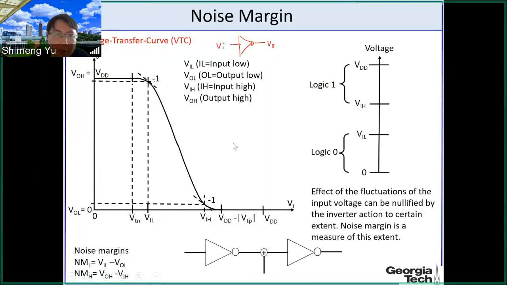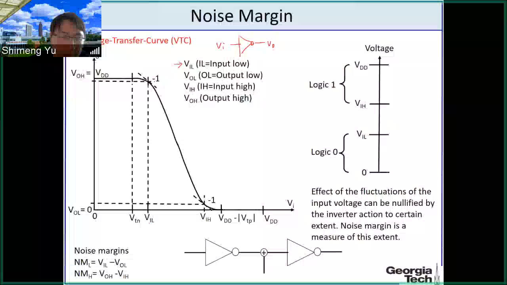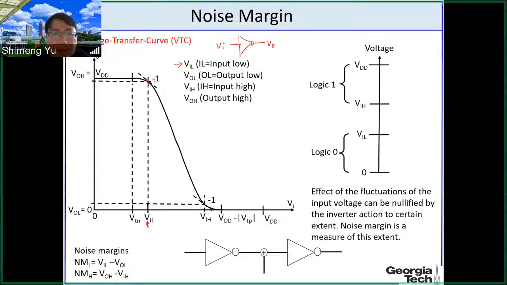First one is VIL. IL is short for input low. This is the voltage we define here, where we take the slope of this VTC curve to be -1. Basically, if you draw a line at about 135 degrees, then it will be the slope -1.